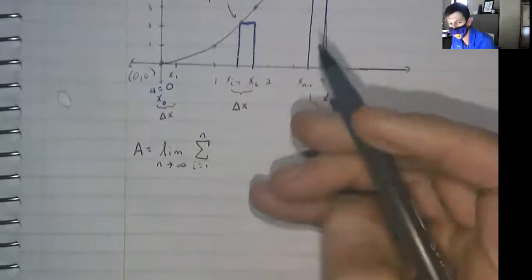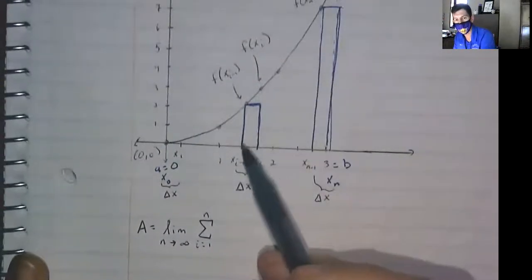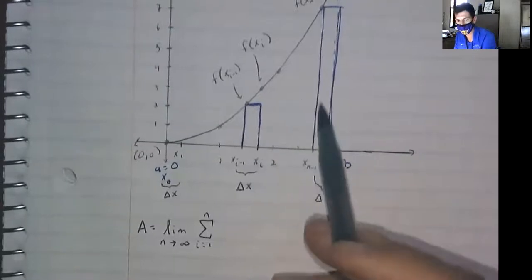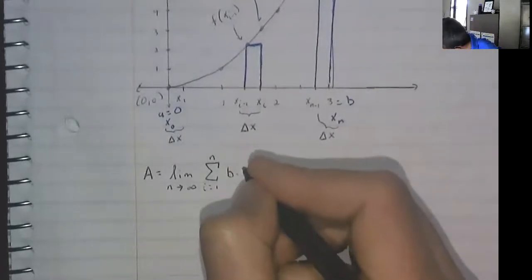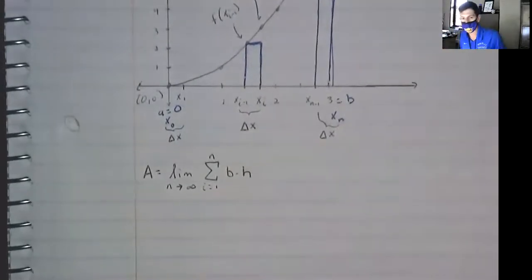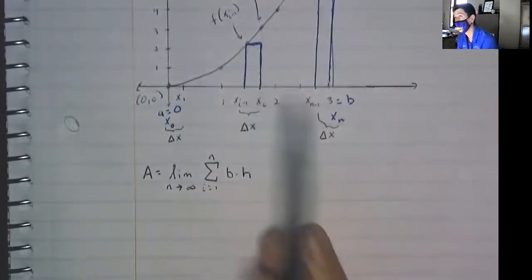Well, what is it the sum of? The sum of these individual areas of these rectangles. The area of any rectangle is base times height. We're going to start there. Never lose sight of the fact that all we're doing is base times height. We're just doing it an infinite number of times.